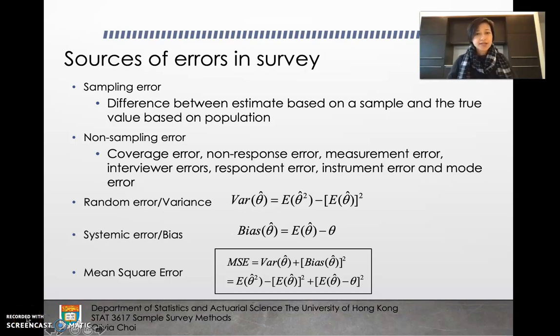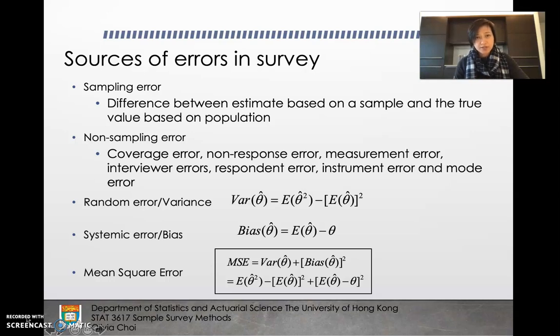Okay, so the next thing we'd like to talk about is the sources of errors in sample survey. When we are choosing different sampling schemes in sample survey, we need to consider the cost. We need to consider how convenient and how easy it is to conduct the sample survey. One other thing is we need to reduce the errors.